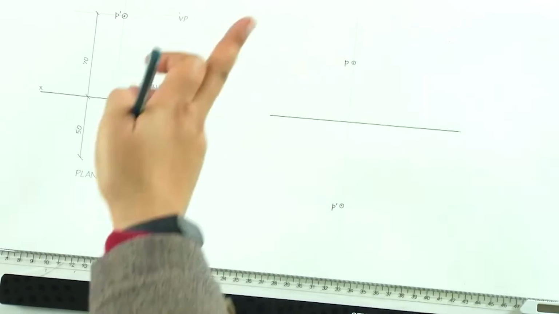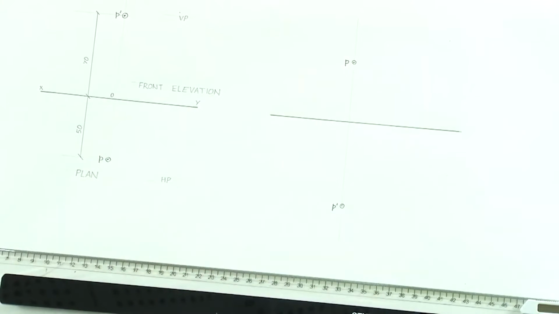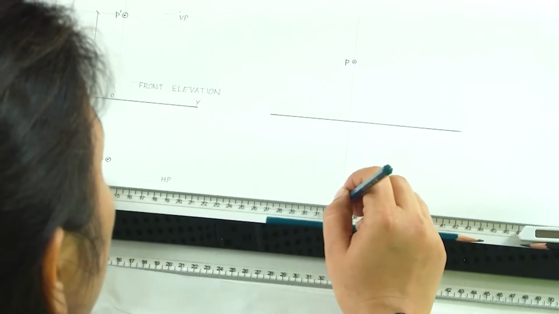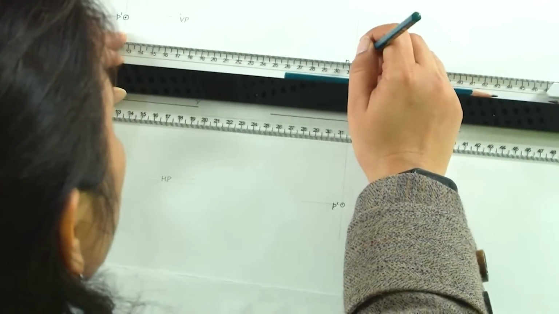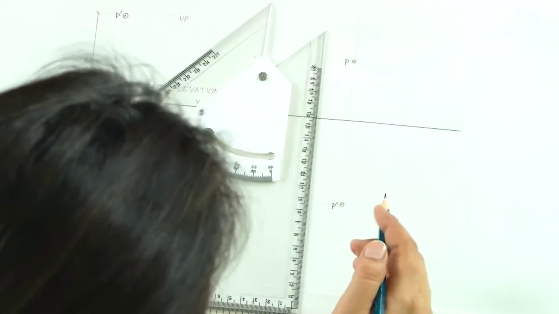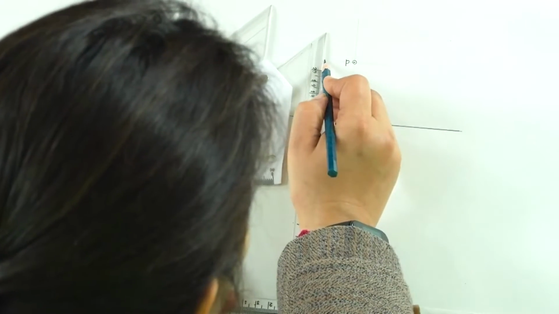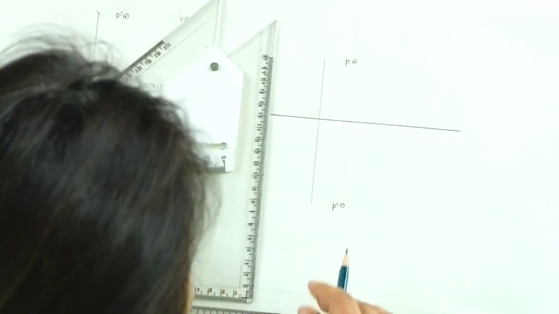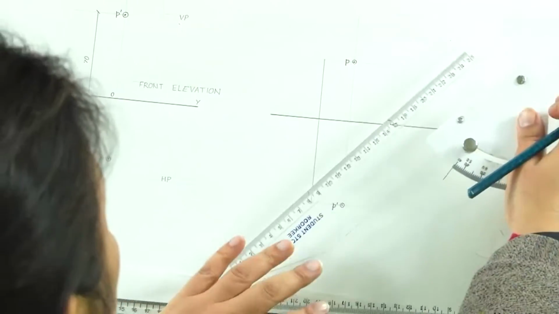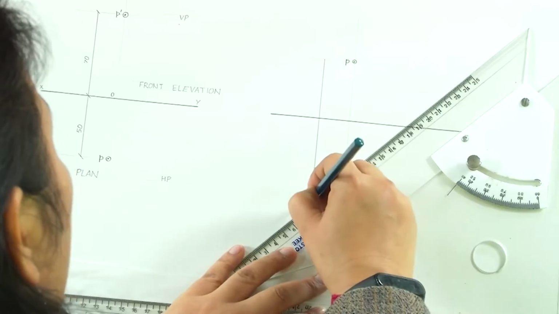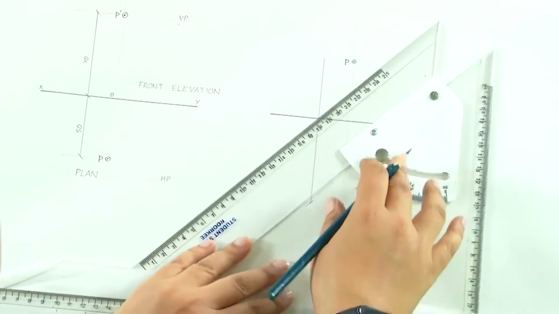So we have P in the top and P dash in the bottom. We will again dimension the same way as we did for the first quadrant.